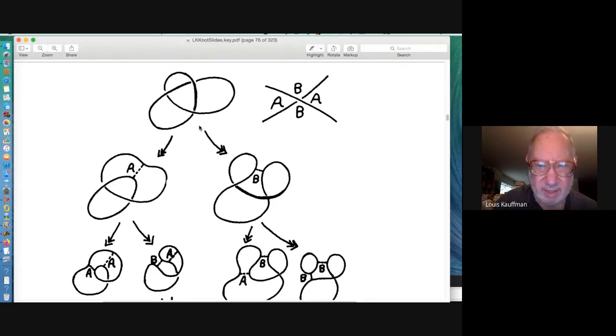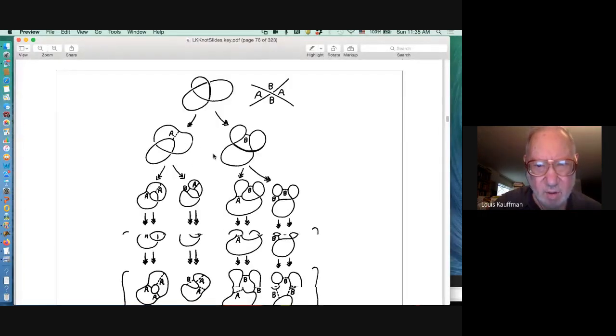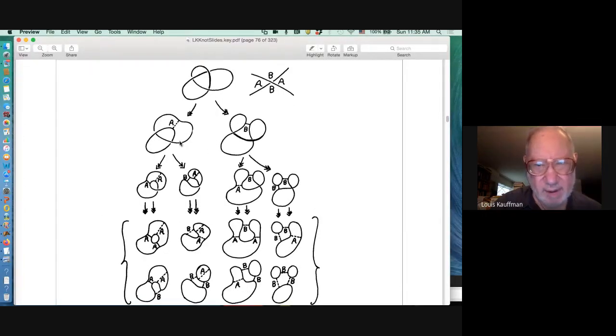And it's related to statistical mechanics in the following graphical sense: the invariant can be thought of as a sum over different states of the graph. Here's the graph of the knot. You smooth it in the 2 different ways, and you will get 8 different ways of smoothing it. Thus it's like the different states in a statistical mechanics expansion.